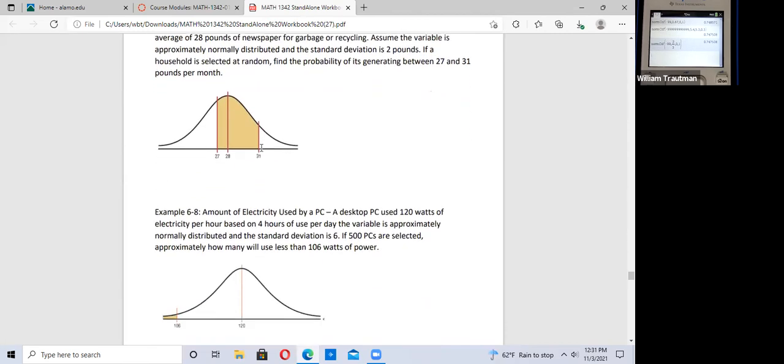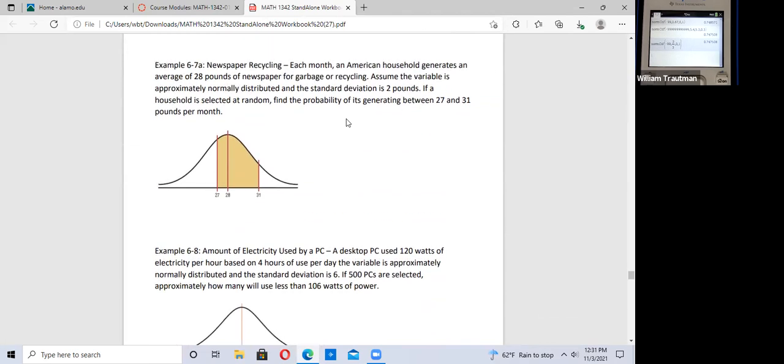All right, so let's try this one. Our average is 28 pounds. Well, we didn't need that because we know the center is our average.